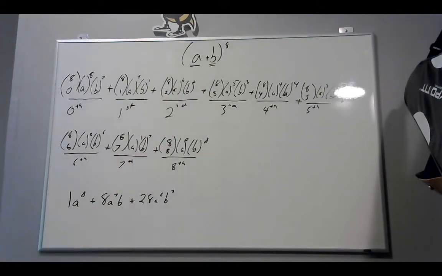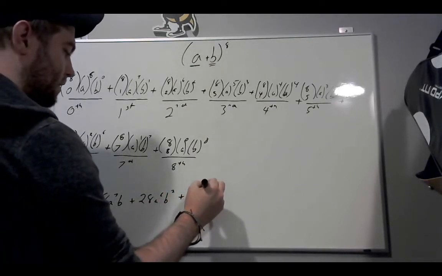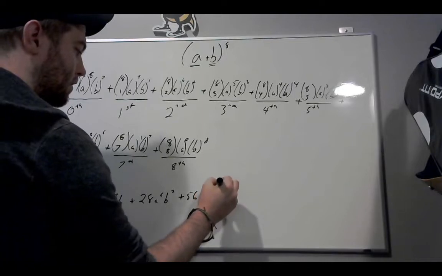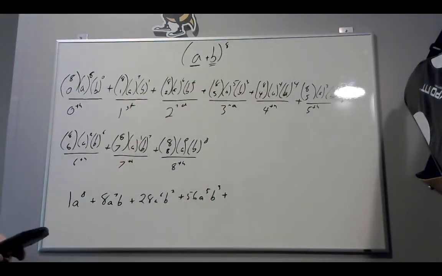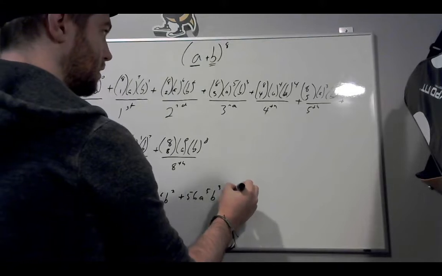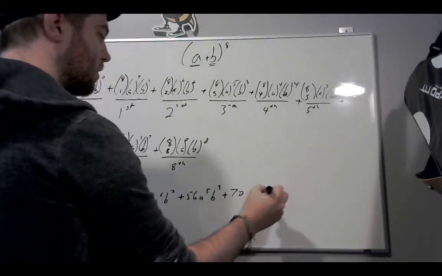8 choose 3 is 56. So this is plus 56, A to the 5th, B cubed. Next we're on to 8 choose 4, which is 70. A to the 4th, B to the 4th.